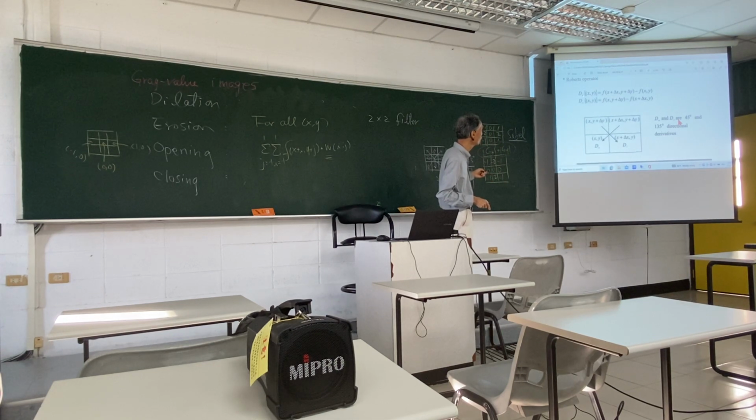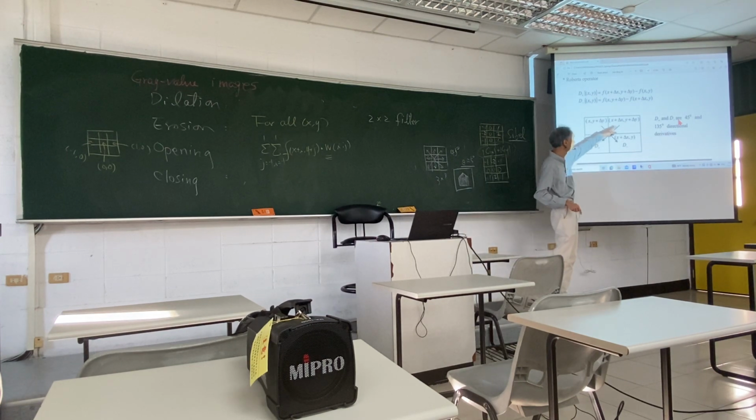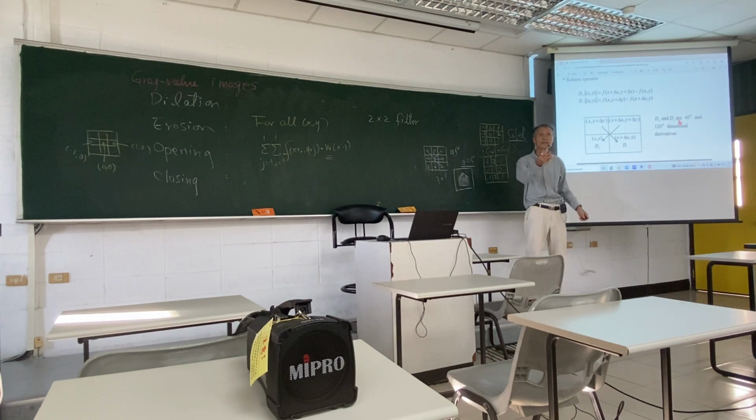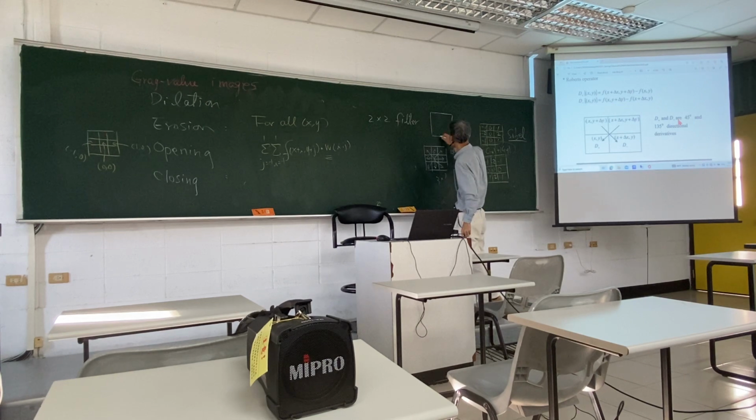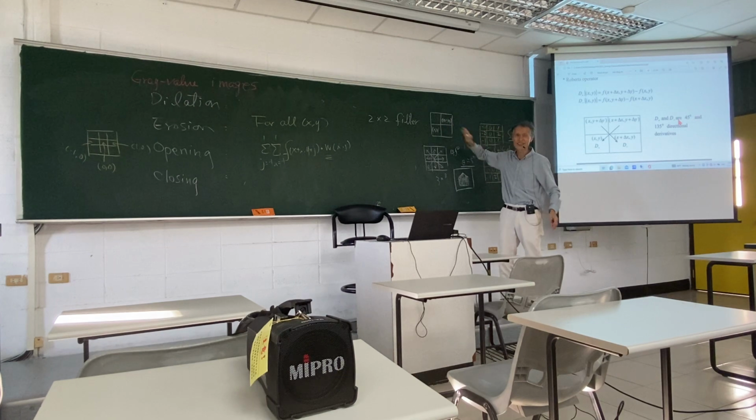So here's how it defined it. It defined D plus and D minus. This is the D plus. If this is XY, then you calculate the difference with respect to X plus 1 and Y plus 1. That's it, okay? Now it depends how you define it, it doesn't matter.